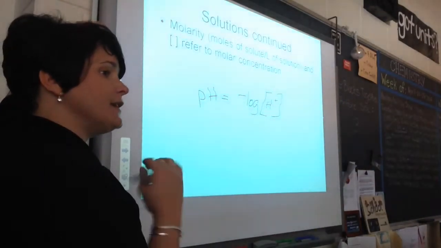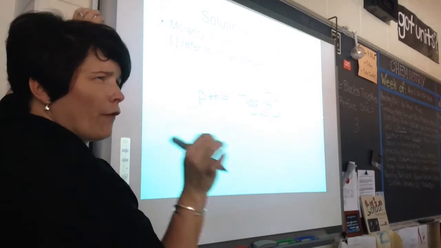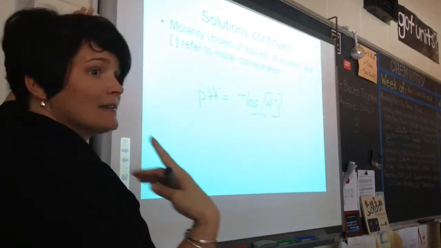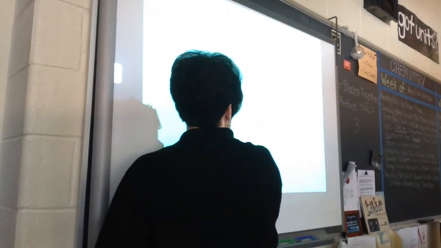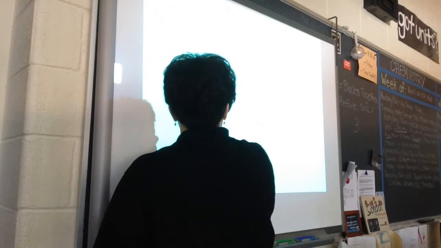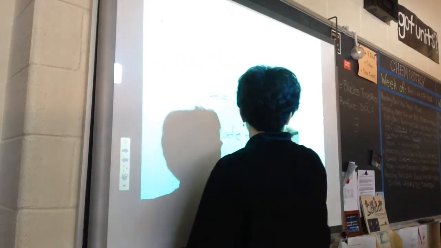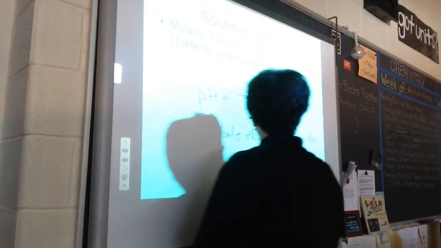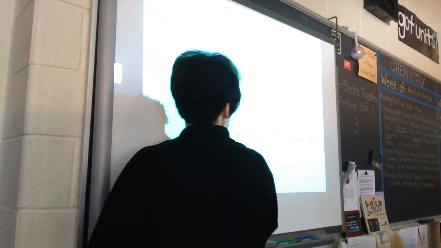When you did your book work on pH, with 4 or 5 problems in the book where you had to calculate pH, you saw things like this. It would say, you guys should write this down.